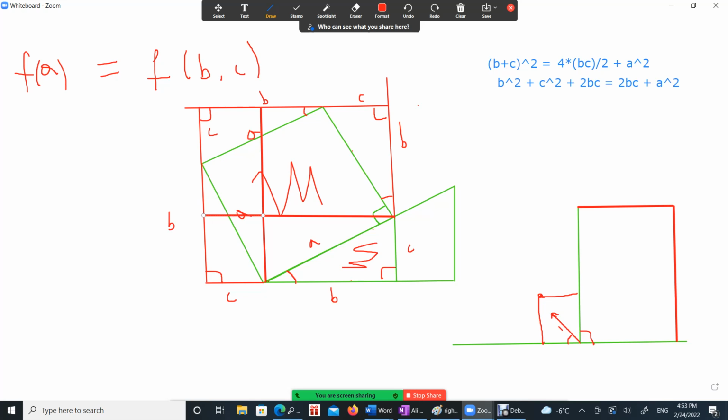These are the relationship that we're going to obtain. Now we're just trying to do another simplification of the equation.